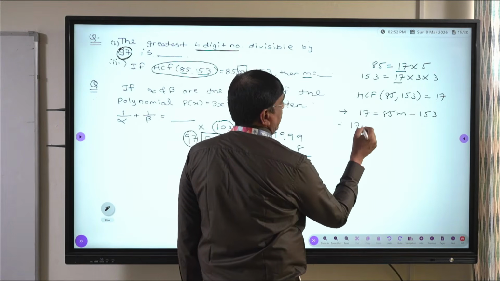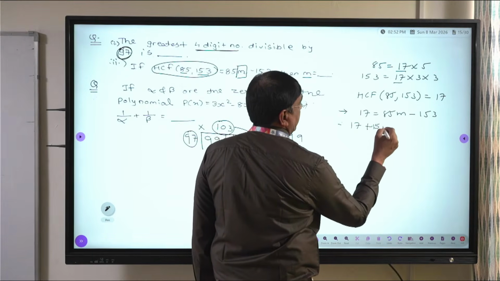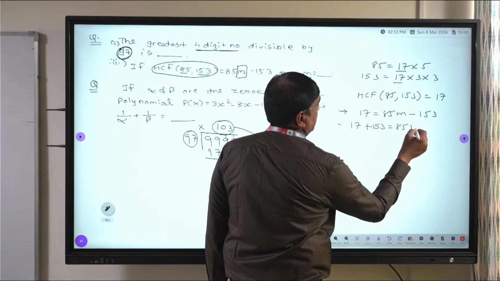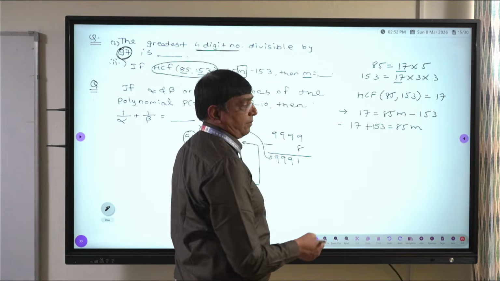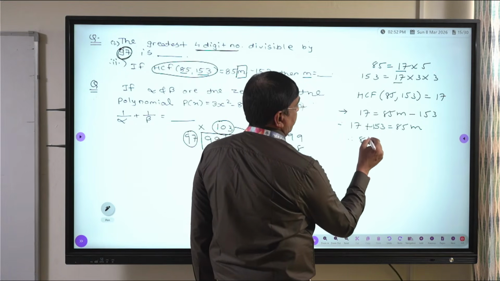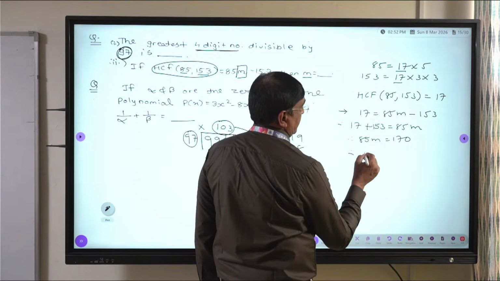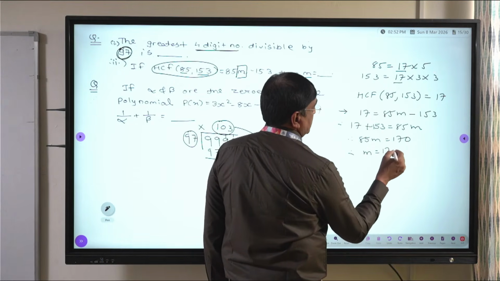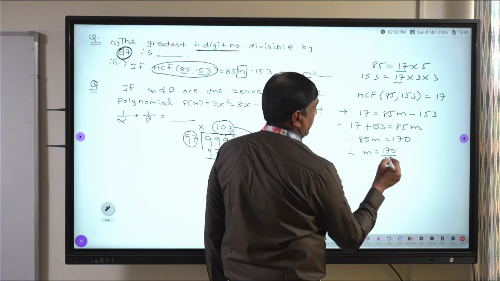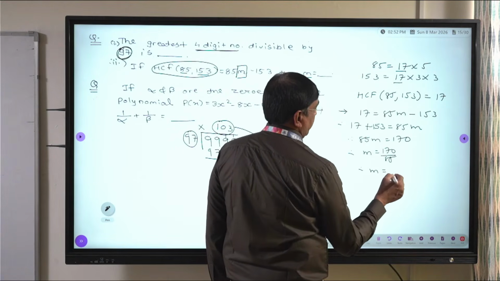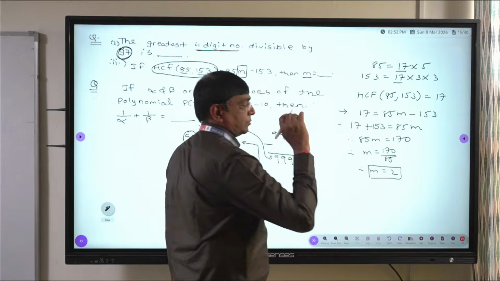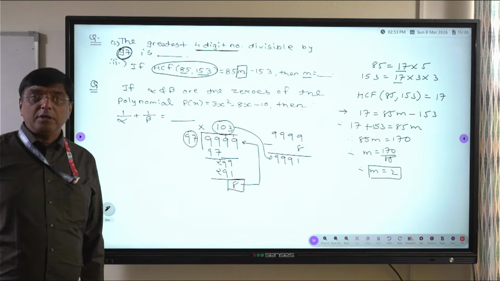So 17 plus 153 equals 85m. Therefore 85m equals 170. So m equals 170 upon 85. We get m equals 2. So the value of m is 2.